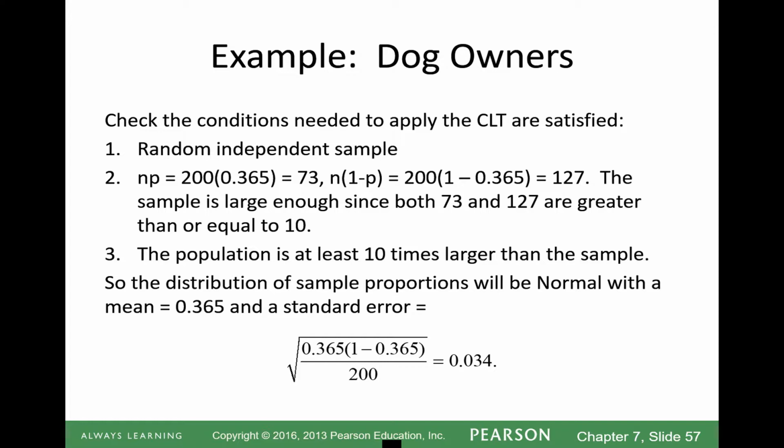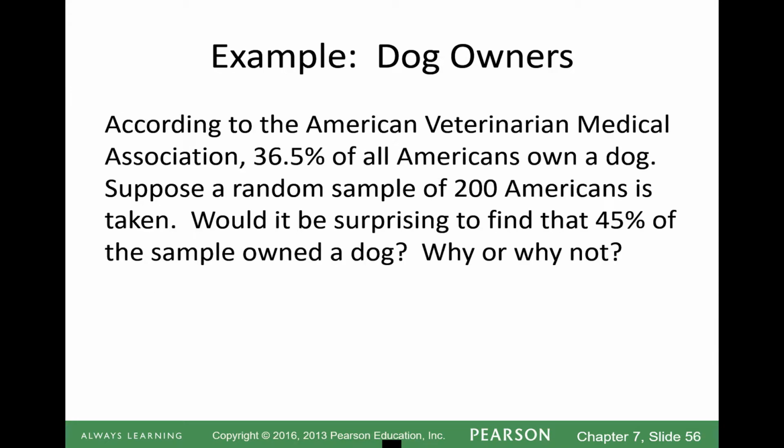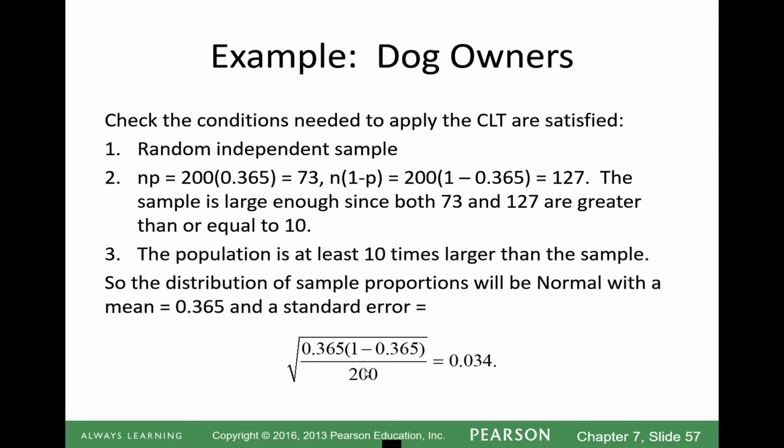The population is at least 10 times larger than the sample. So the distribution of the sample proportions will behave as a normal distribution with a mean of 0.365 and a standard error of 0.034.